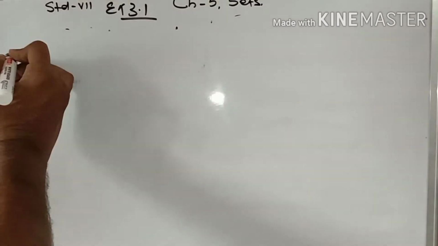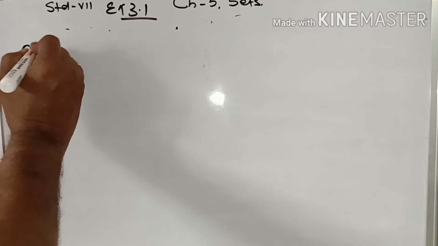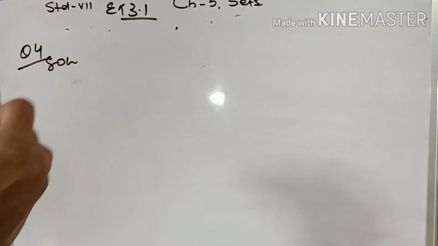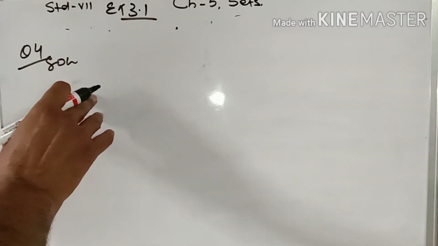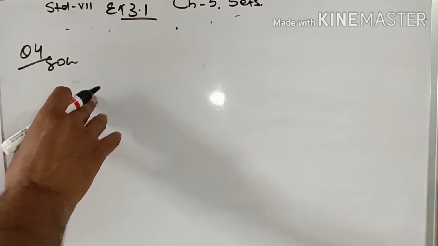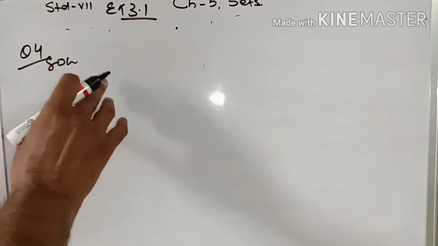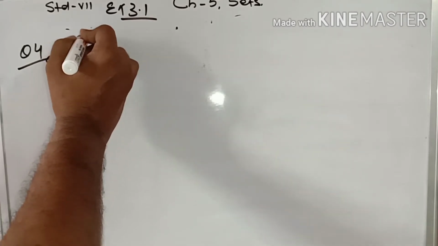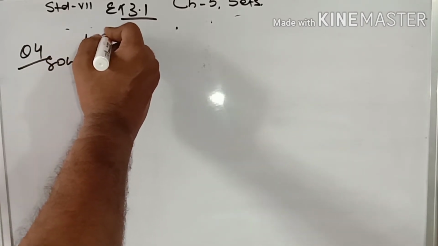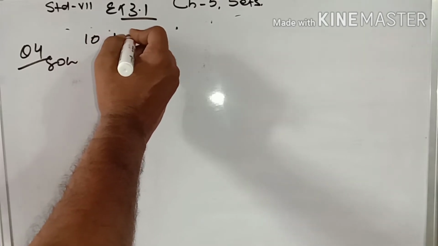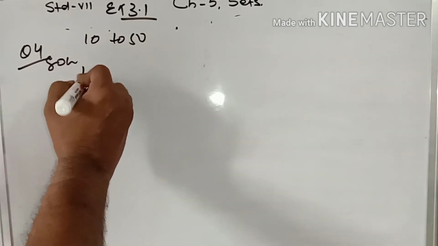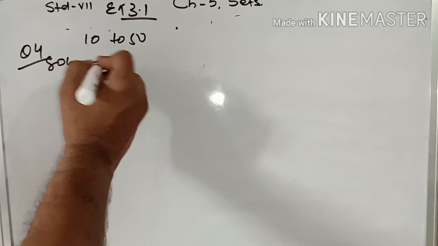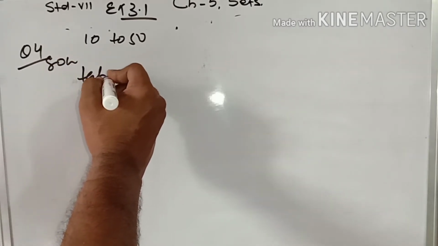Now question number 4. I am writing only the solution. It is given: write in tabular form and also in set builder form the set of even whole numbers which lie between 10 to 50. So first of all I have to write the tabular form. I am writing the solution; you have to write the question yourself.